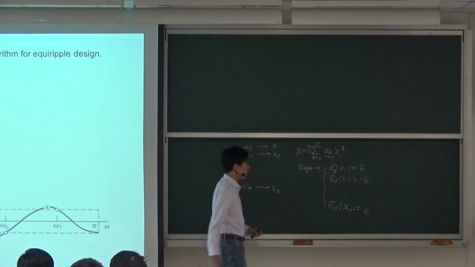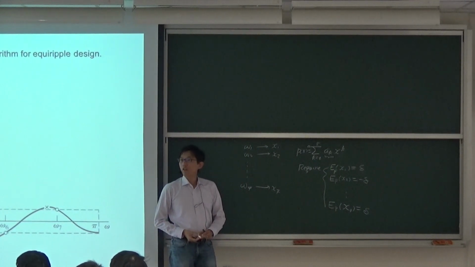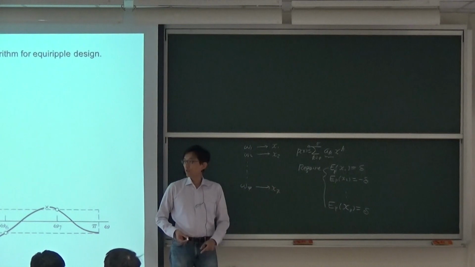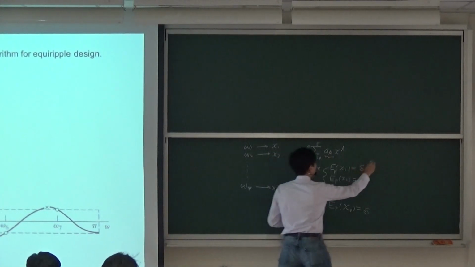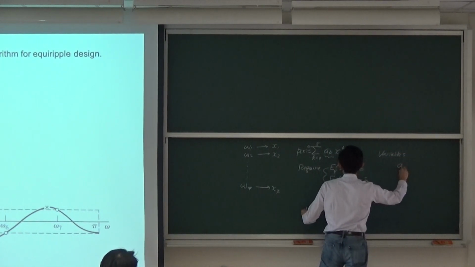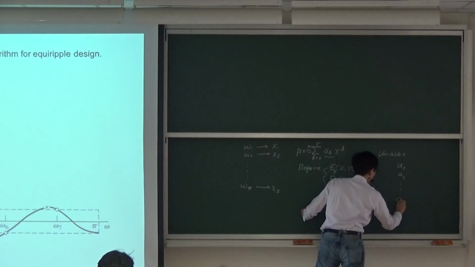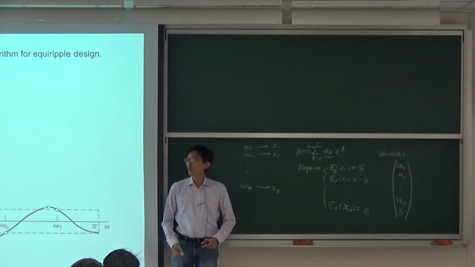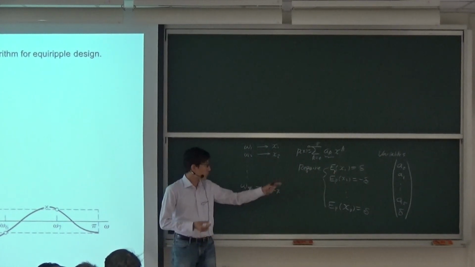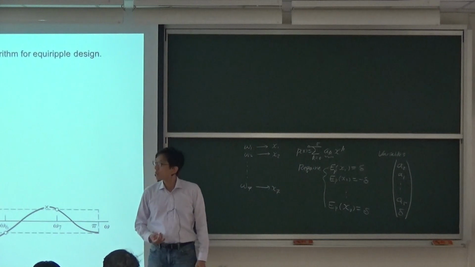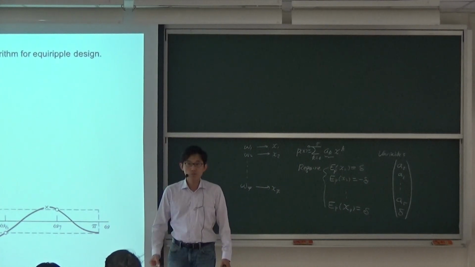So now we have 7 equations and 7 variables. Is that clear? The variables are A0, A1 to A5, and delta. That's the column vector that we need to determine. If you just write down the equation, we have a 7 by 7 matrix, a system of 7 equations with 7 variables, and we can solve it by linear algebra.